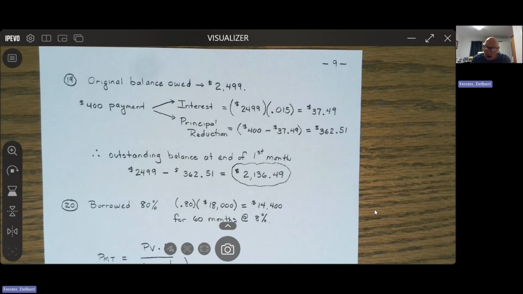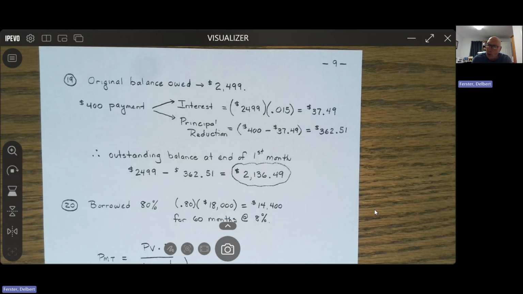If he paid $400, the balance of that $400 goes to decrease what he owes. So the principal reduction on this problem we can find if we take $400, which is the amount of his payment, and subtract the $37.49. So we find $362.51 of that first payment goes to repay money he borrowed. What we've been asked to find is what's his outstanding balance at the end of that first month.